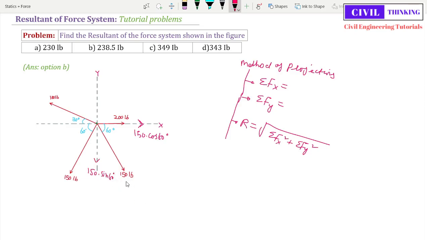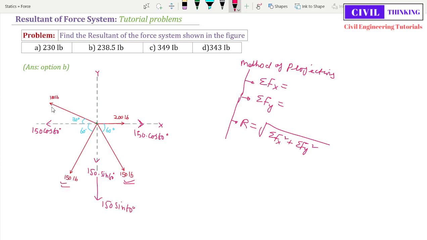So we have resolved this force. Now let us move on to this force. The x component will be in this direction, 150 cos 60 degrees, and the y component will be in this direction again, 150 sin 60.